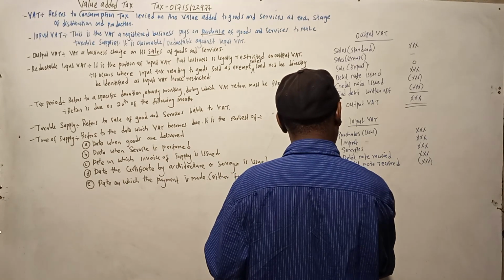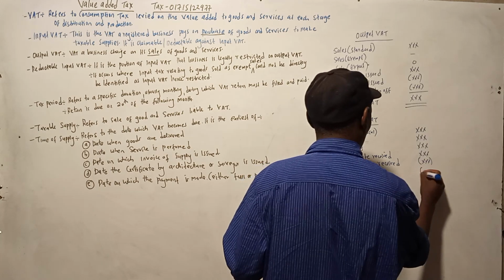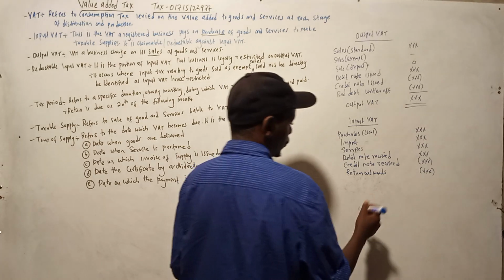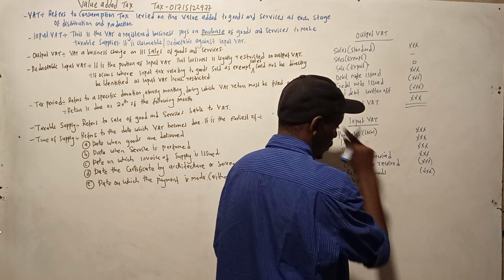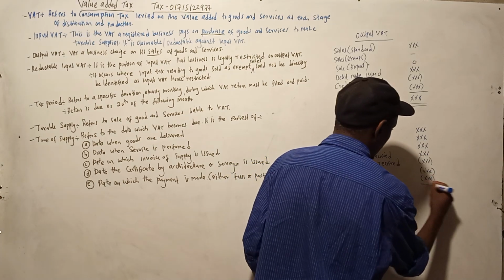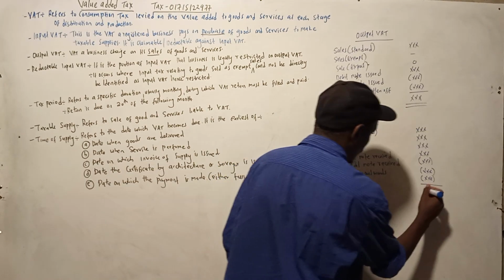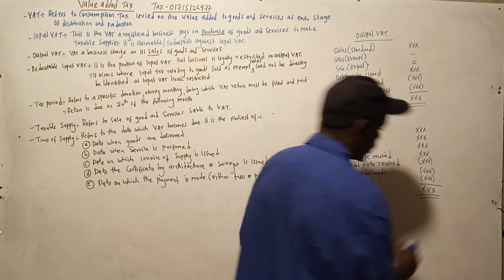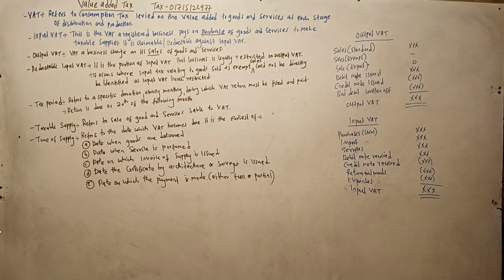Return outwards. Supposed to reduce our input VAT. Then expenses. So expenses zinaweza kuwa ni mingi, so nimeweka tu hivyo direct. Then get our input VAT. So that's the general format that we are going to use to compute the VAT in that manner.